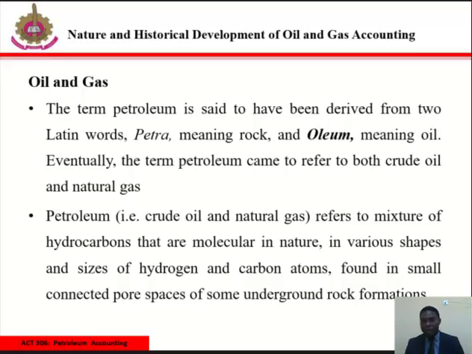Crude oil refers to hydrocarbon mixture produced from underground reservoirs that are liquid at normal atmospheric pressure and temperature. Natural gas refers to hydrocarbon mixtures produced from underground reservoirs that are not liquid but gaseous at normal atmospheric pressure and temperature.